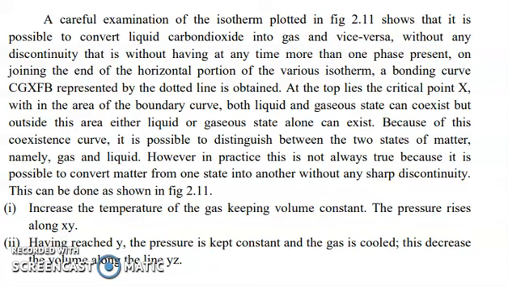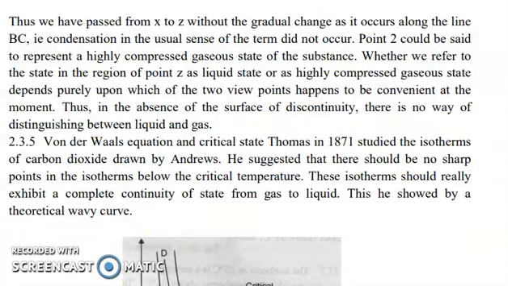The gas is cooled, and this decreases the volume along the line YZ. So we have passed from X to Z without the gradual change as it occurs along the line BC. That is, condensation in the usual sense of the term did not occur.